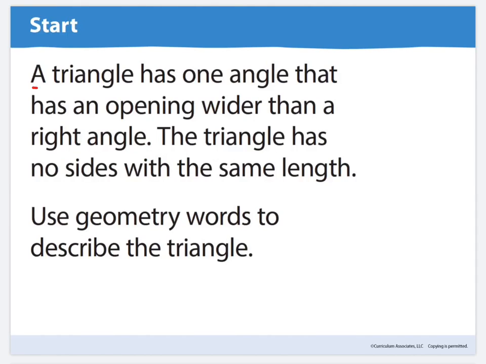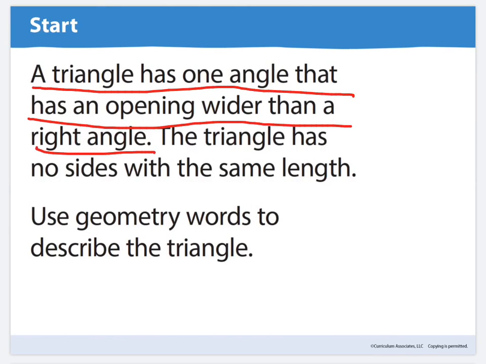So this triangle has one angle that has an opening wider than a right angle. That means the angle is larger than 90 degrees. This type of angle is an obtuse angle. Obtuse.